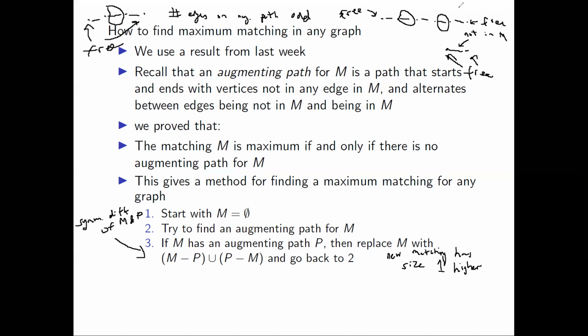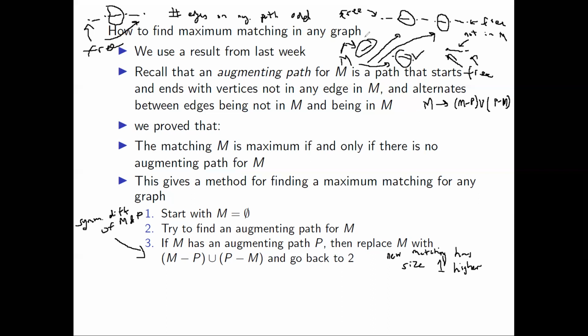And why is that? So we can look at an augmenting path. For example, let's say we have some matching up here in some graph. Here's our matching. So M has this edge, it has this edge, and it has those two as well on the augmenting path. So when we replace M with M minus P union P minus M, we still have all of the edges outside the augmenting path.